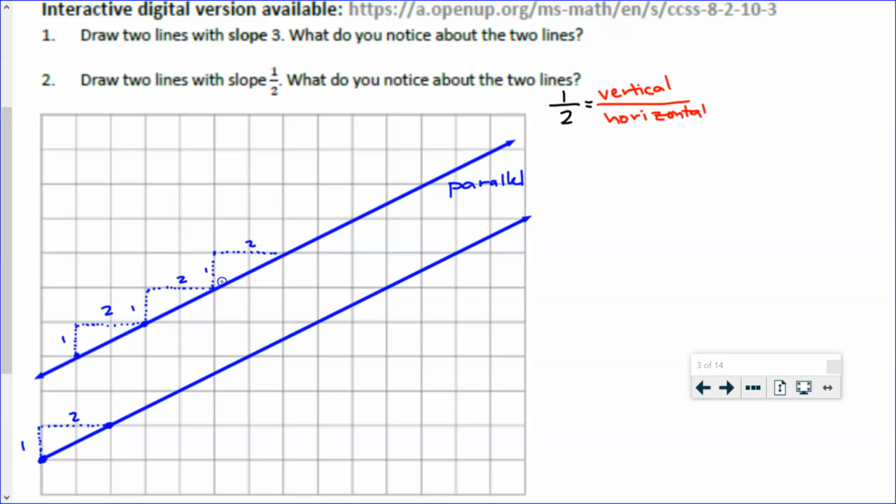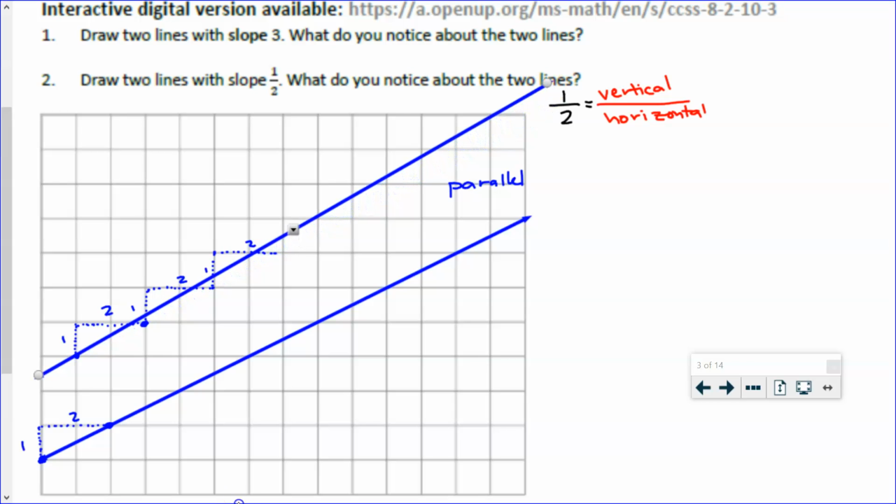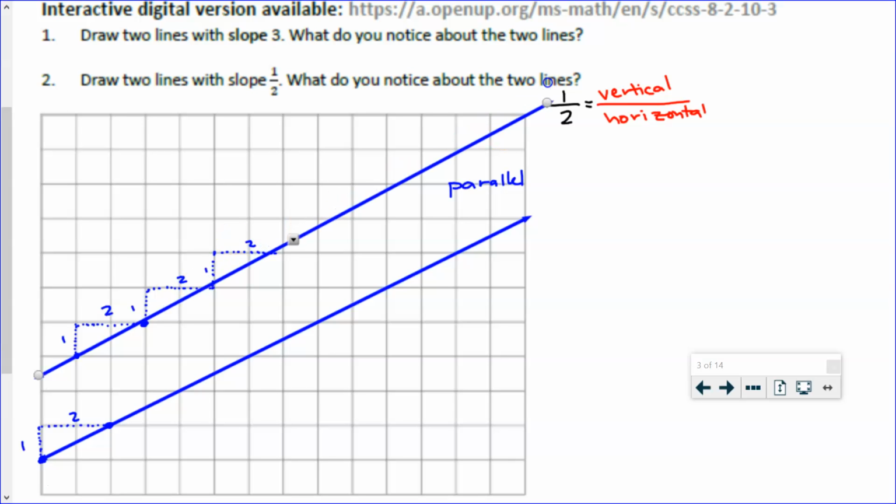That's how you're going to make your line the most precise. So when you just drew your line and it started getting a little bit off, we can always correct it by making sure it goes up 1 over 2 and again, up 1 over 2 and again, up 1 over 2 to get that level of precision.